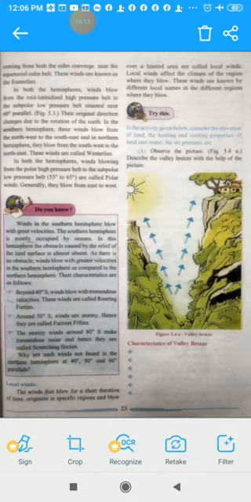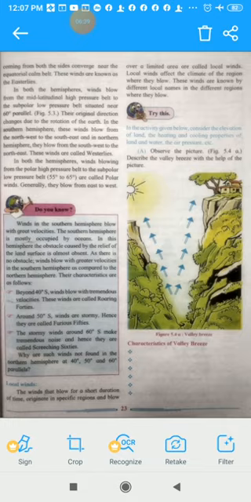In the southern hemisphere they are changing from northwest to southeast, and in the northern hemisphere from southwest to northeast. Since they are changing their direction from west to east, these winds are called westerlies.